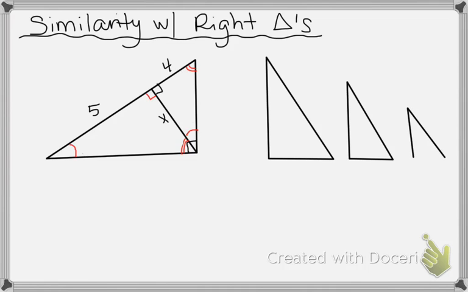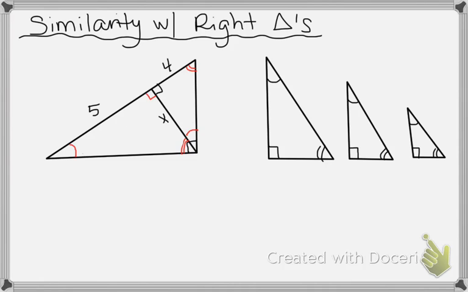We've got a large, a medium, and a small, right? Okay. Make sure you mark your right angle so you can see where these things are, right? Now keep in mind that they should all be oriented so that their single angle is at the top, the double angle is at the bottom, and that's what allows these to all be similar.